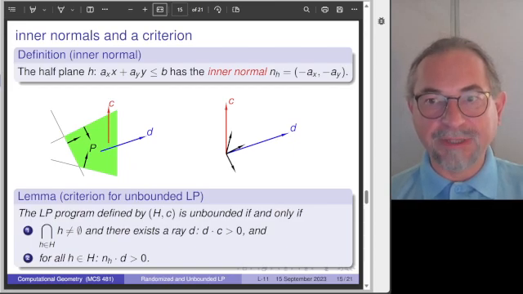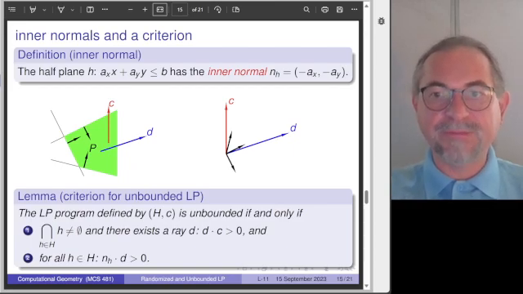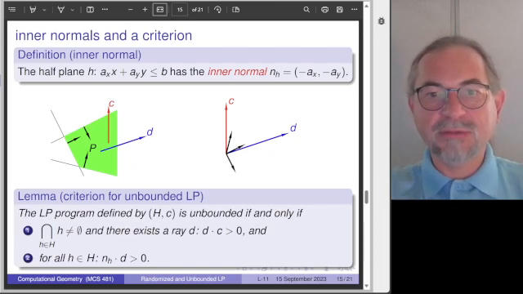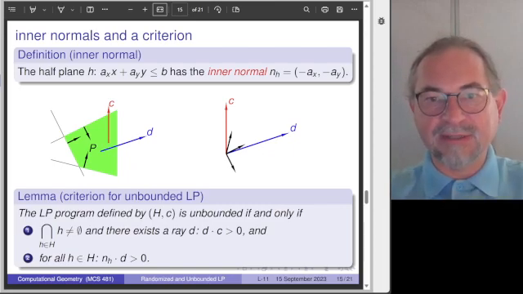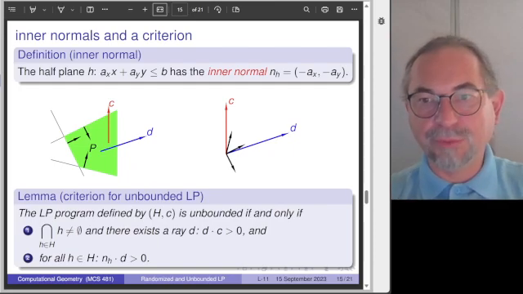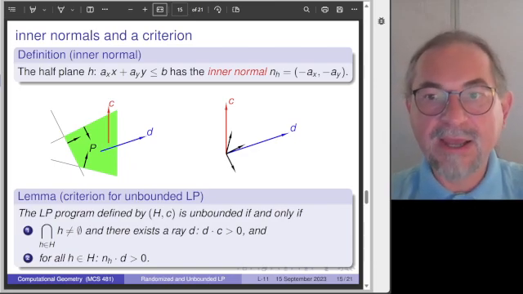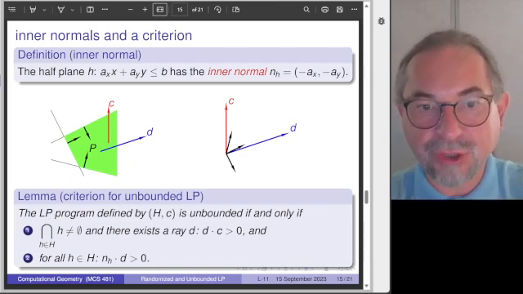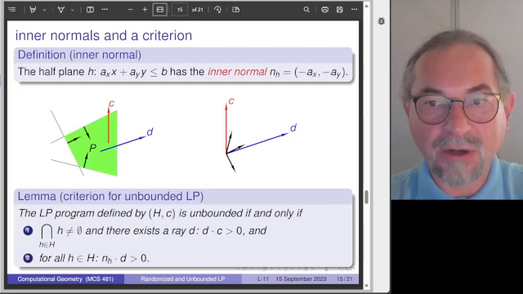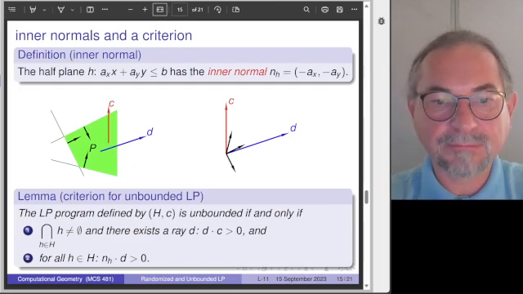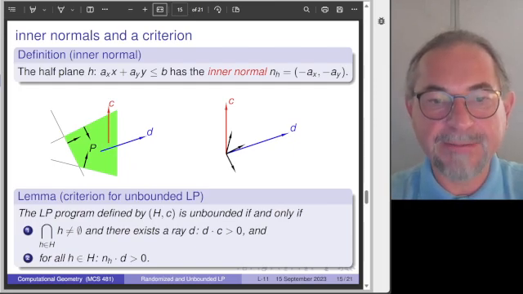If this would not be the case, then the blue ray would face an obstruction. But because of this positive inner product, you can keep on walking along the blue ray and you will never face an obstruction from any of the other half planes. So there is such a ray.